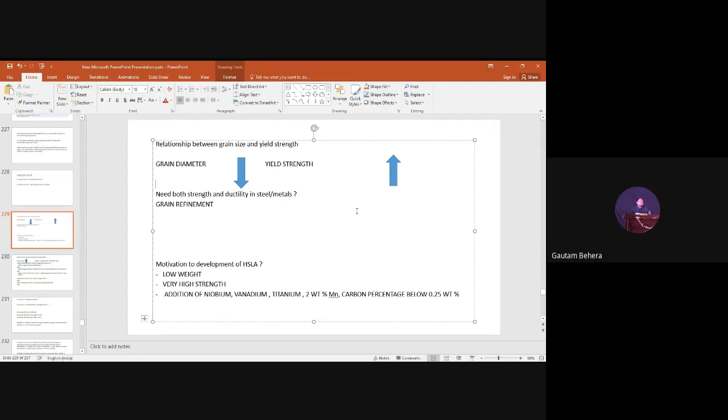So if we have a finer austenite grain at the austenitizing temperature, and we are doing, suppose, quenching or any other transformation, what advantage will we get? We'll get a finer grain structure after the transformation is over. Is it okay now?